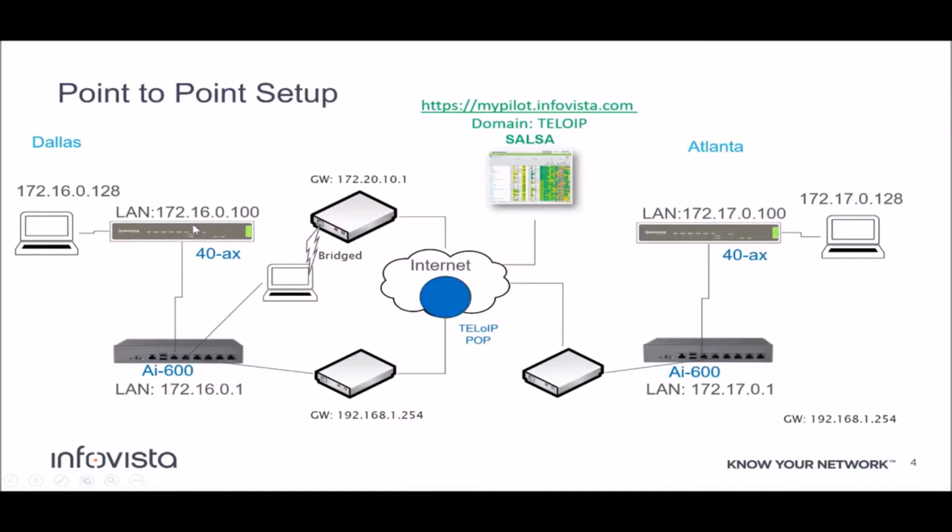For doing that, we need to pre-configure the boxes with a private IP address and a gateway, which is essentially the TELOIP box, and give the URL of the Infovista controller and the TELOIP domain created in the Infovista SALSA platform to the boxes. In this way, getting reachability through the internet, we can connect the boxes to the controller SALSA.